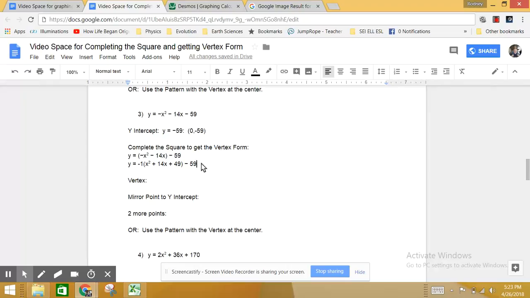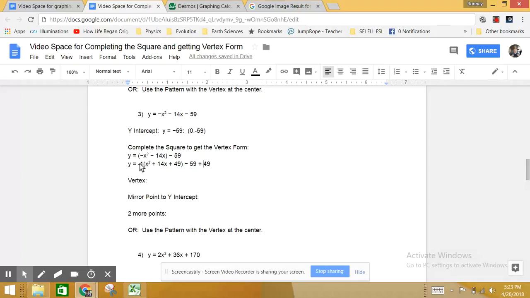So over here, I'm going to subtract negative 1 times 49, which is the same as subtracting negative 49, which is the same thing as adding 49. Since this is a negative piece of this, when I add this, it's really subtracting it, which means I then have to add it. So subtract 49 over here, add 49 over here.